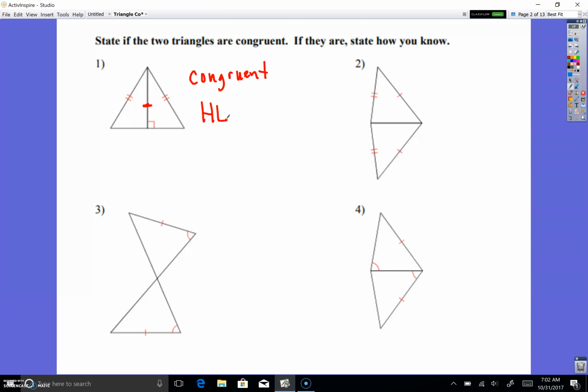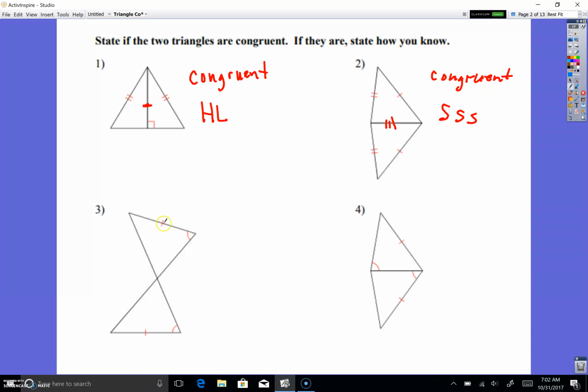All right. Here we have two sides, and we know that this is the same. So remember, we have side, side, side. So this is congruent because of side, side, side.